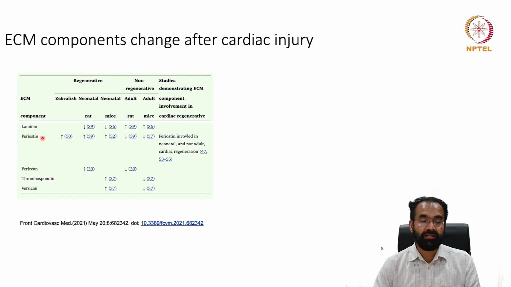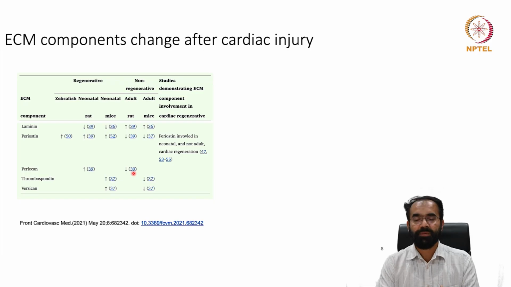You can also see other components like laminin, periostin, perlecan, thrombospondin, and versican. So there are different ECM components. You can see their levels, and periostin is involved in neonatal but not adult cardiac regeneration, and there is a published research study available.